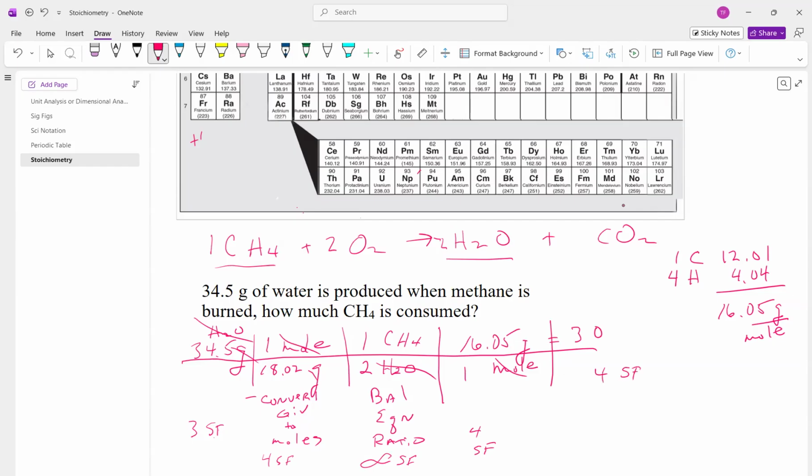So that's going to be 3 sig figs, sorry. So we've got, and then this last step converted.